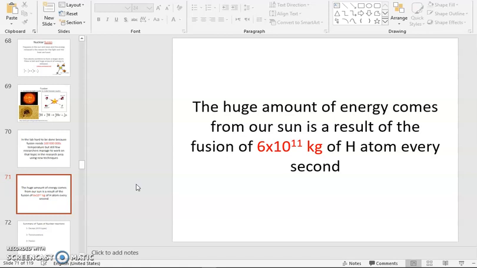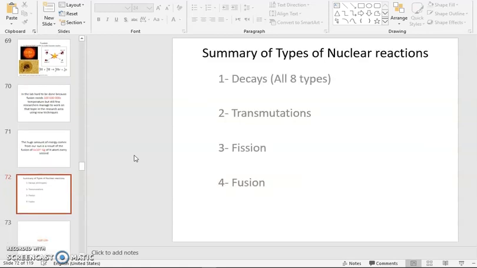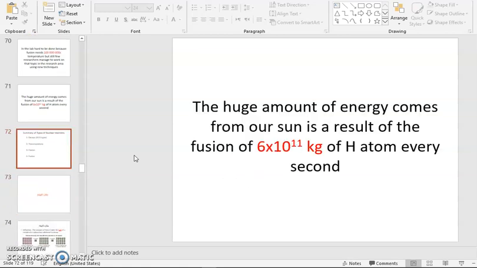So the huge amount of energy comes from fusion of 6 times 10 to the power of 11 kilograms of hydrogen atoms every second. So this reaction happened to around 60 million kilograms of hydrogen every second. So this is the fusion.